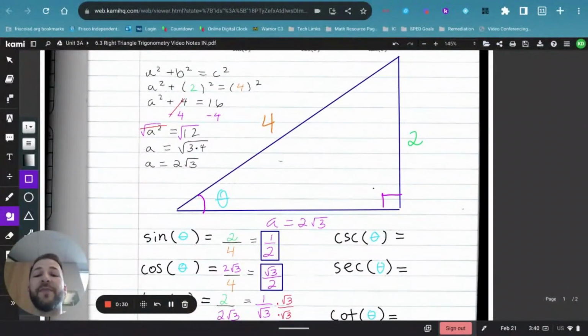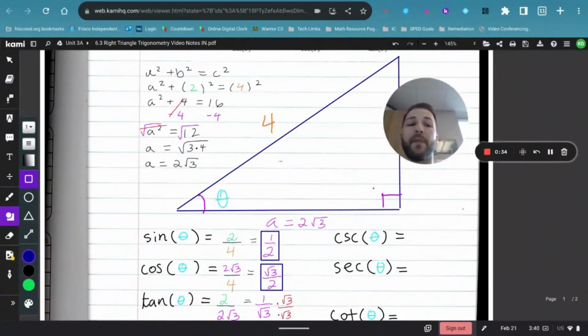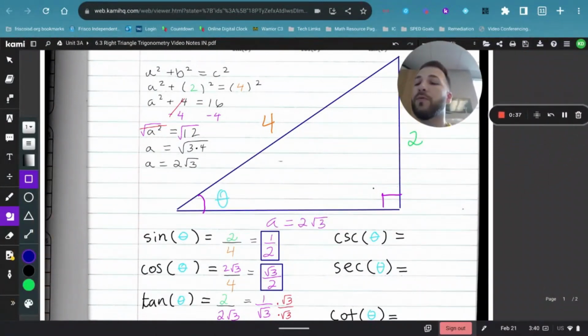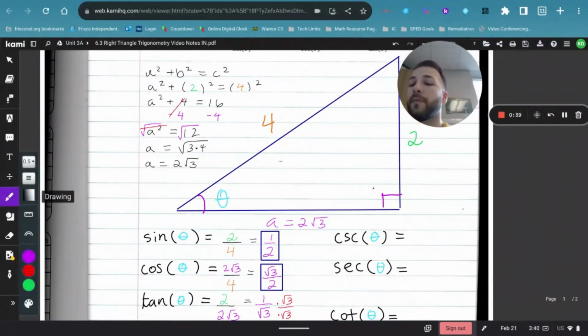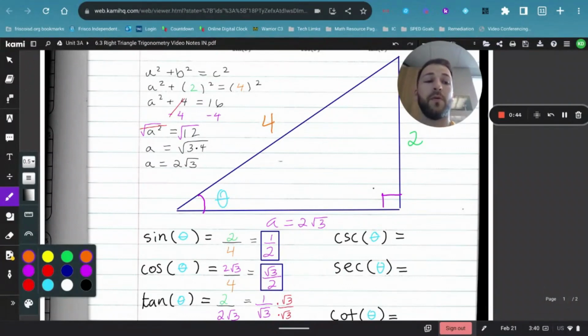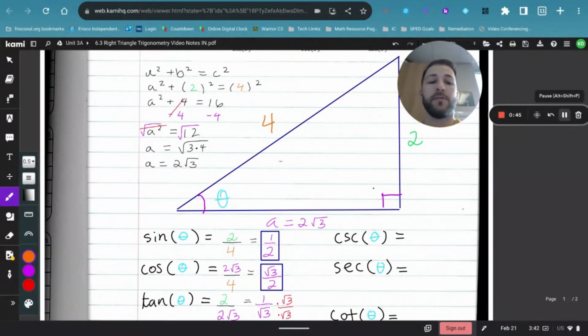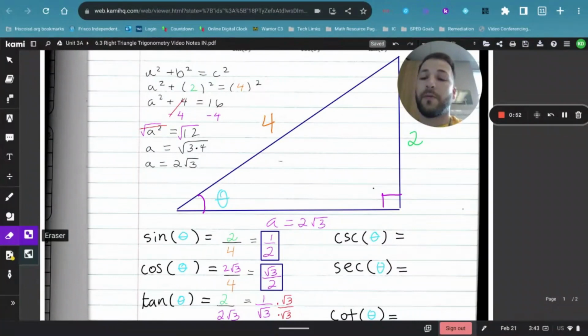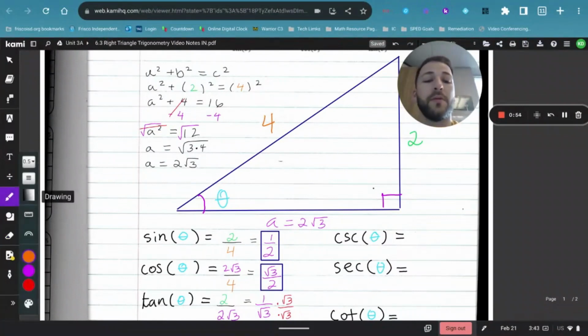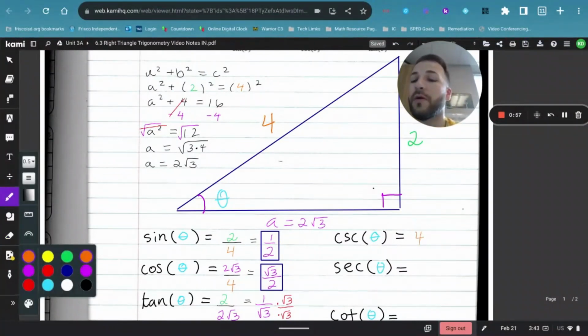If sine of theta is opposite over hypotenuse, then cosecant of theta is hypotenuse over opposite. So once again, off of my angle, my hypotenuse is 4. So 4 over, in this case, my opposite side, which is 2.